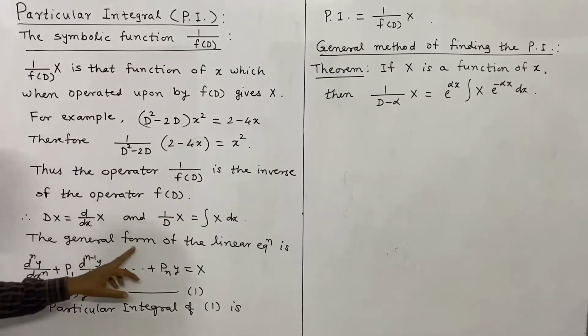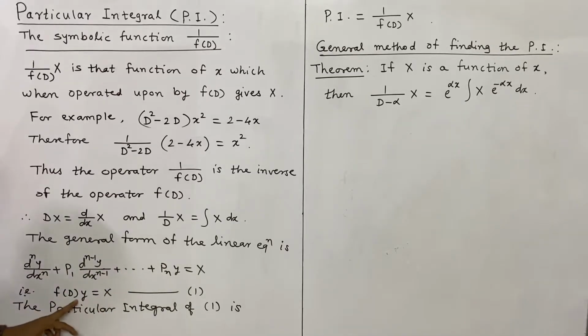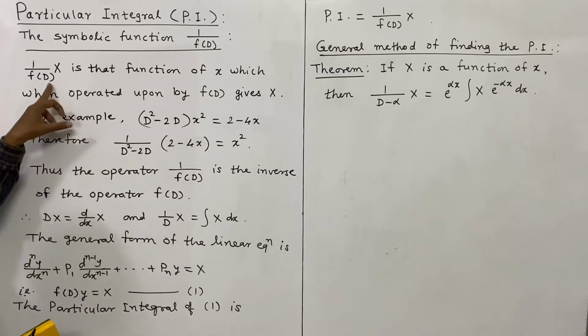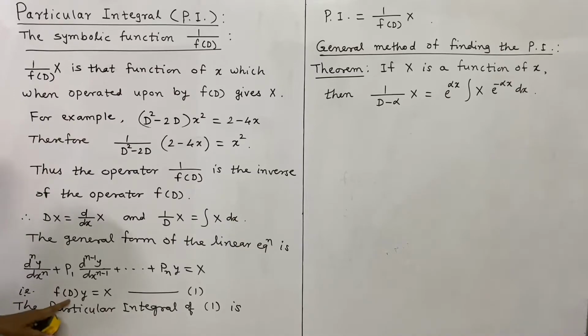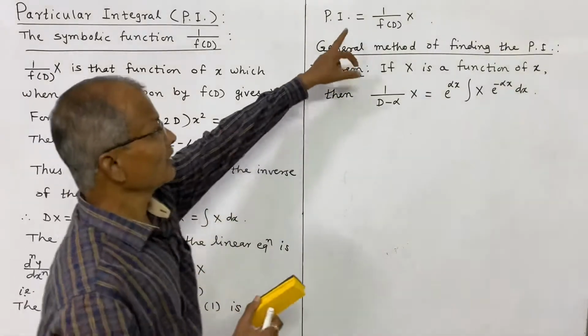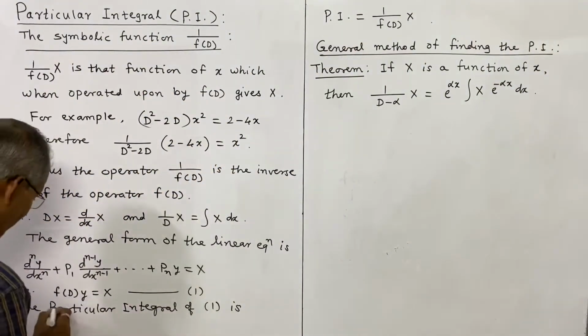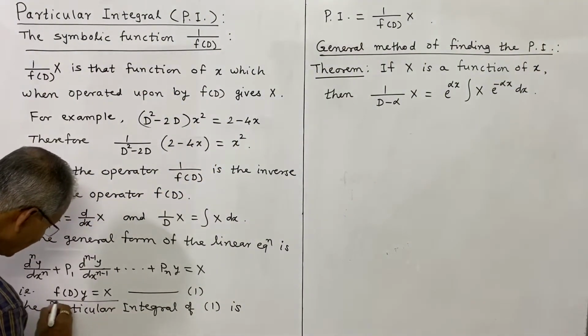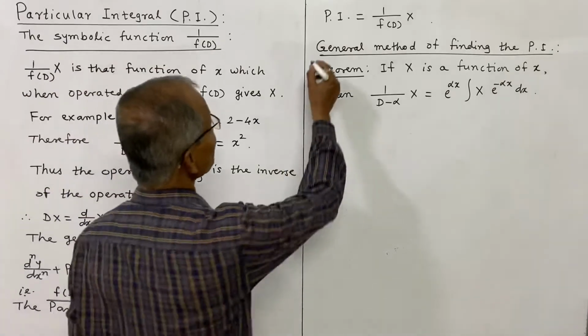Now the general form of the linear equation is f of D on y is equal to X, and thus its particular integral will be 1 by f of D operated on the right side function, capital X. So we can express y is equal to 1 upon f of D operated on X, and therefore for this linear equation, its particular integral is this one.